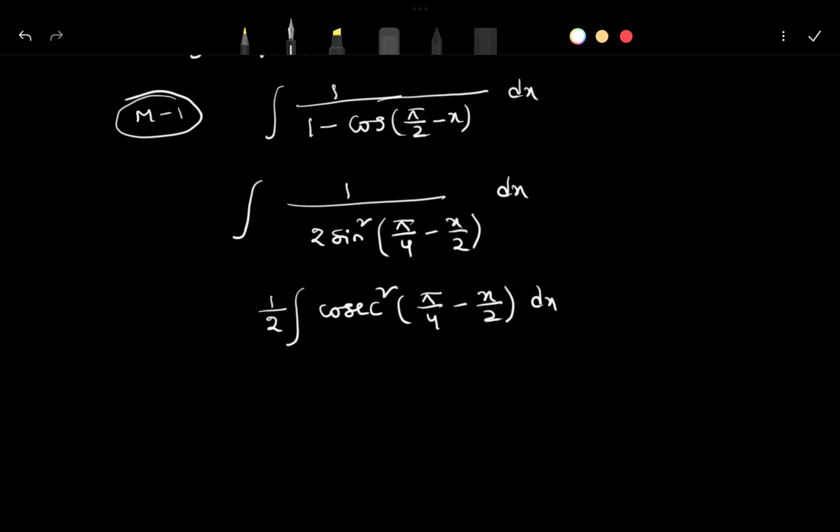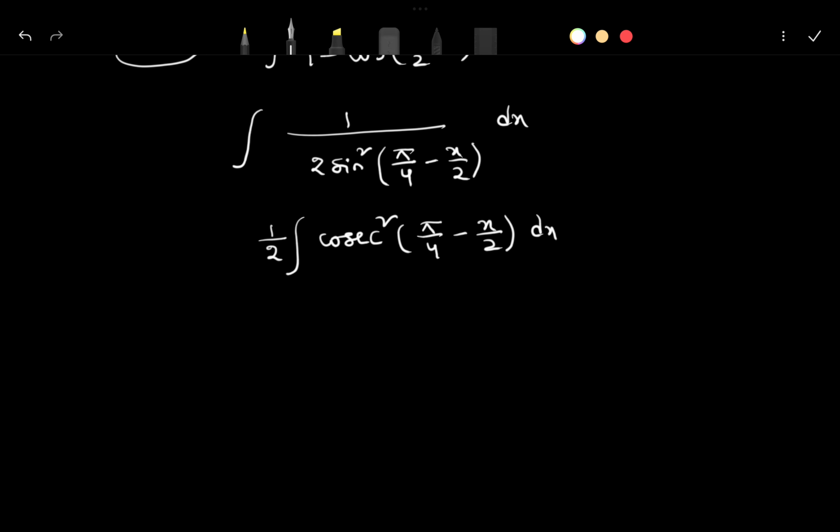Just now I told you the integration of cosecant square x is nothing but minus cot. So here you can write minus 1 by 2 into cot of pi by 4 minus x by 2.